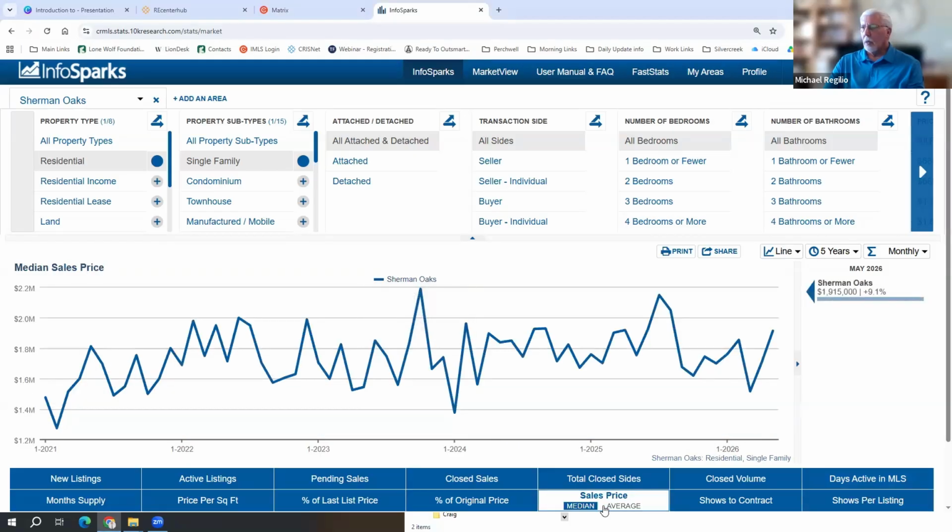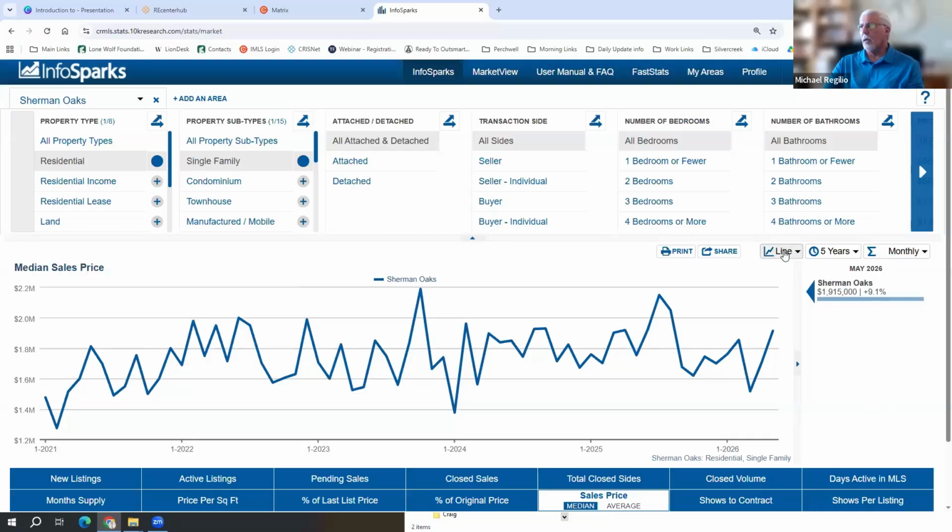So let's take our median sales price in Sherman Oaks for single family residences. And now that we see, okay, this is what's happened, what do we do with that? There's a few things that you can do.